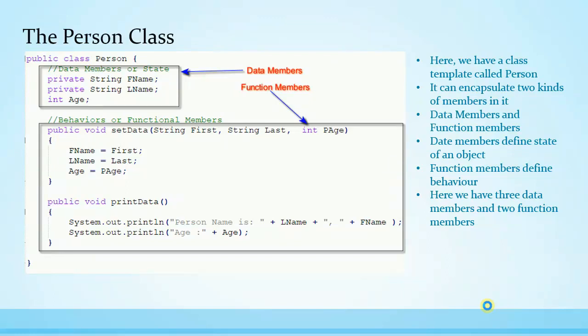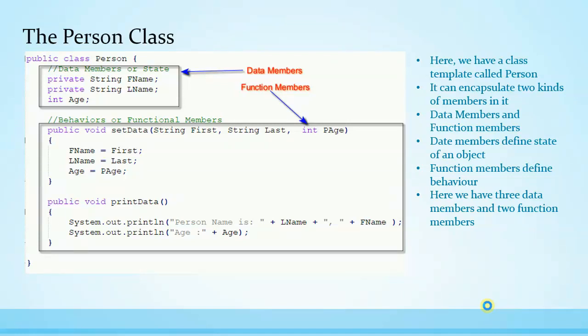We have three data members here. One is age, which is an integer type, and another two are string type. By looking at the members themselves, we can say int is a primitive type, that means a standard data type. So age is a standard data type, fname and lname are object types, that is, strings.